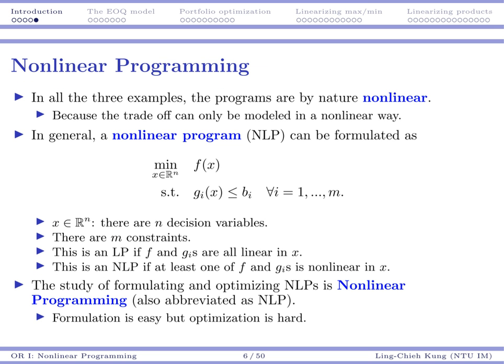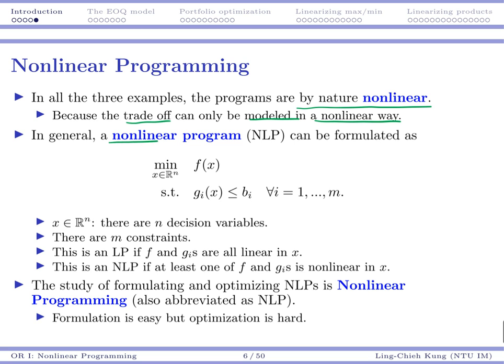So in all these three examples, we may see that we have a very natural nonlinear program, because the world by nature in many cases is just nonlinear. So the trade-offs can only be modeled in a nonlinear way. That's why linear programming and integer programs are not useful in these particular cases.